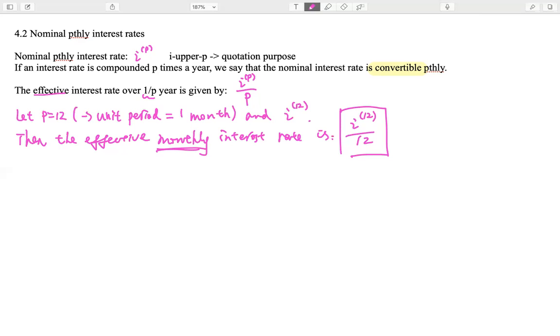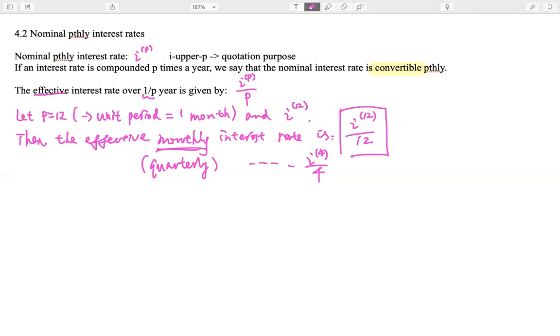If P is, let's say, 4, we want to compound 4 times a year, then the unit would be a quarter. Then I upper 4 divided by 4 will give us the quarterly interest rate. Here we compound 4 times a year, so each unit time has 3 months, or a quarter.